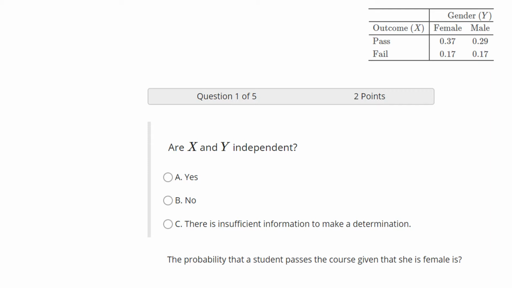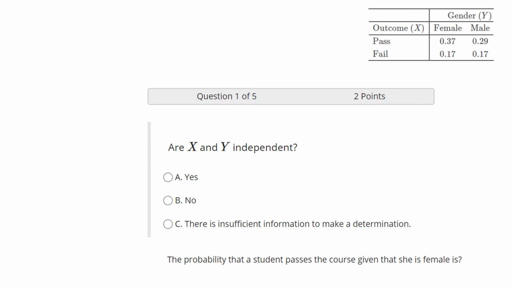Okay. So X is outcome on the course, whether a given person passed or failed, and Y is the sex of a given individual who took the course, whether they are male or female. Question 1 asks, are X and Y independent?